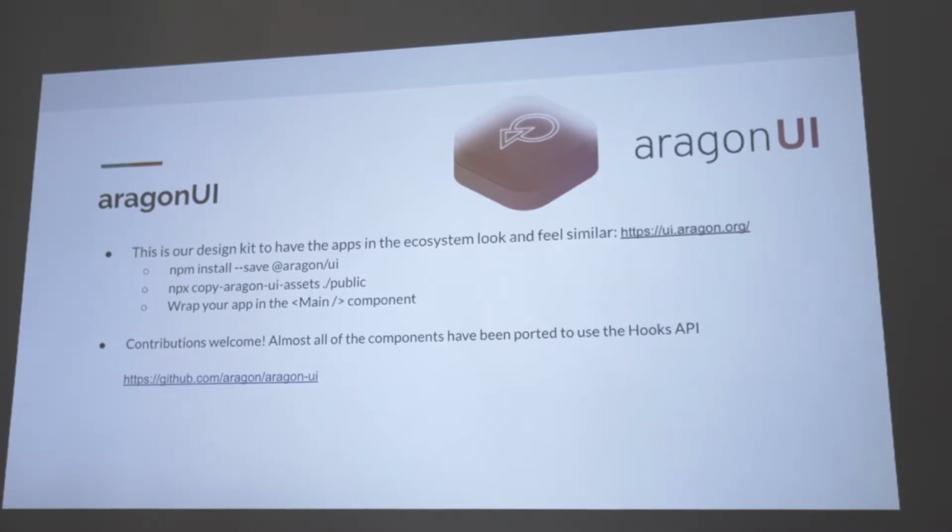Cool. And then this is the last thing I've talked about briefly. We have a design kit. This is how you install it. We have a main higher order component that defines all the base styles that can then be accessed throughout your app. The only real interesting command here is copy Aragon UI assets to public.